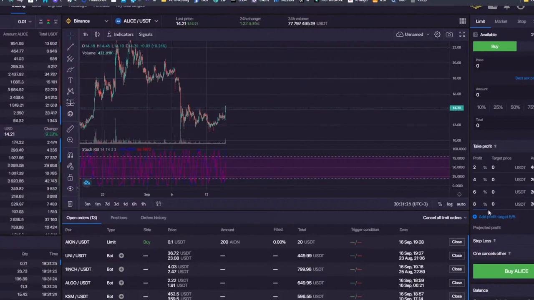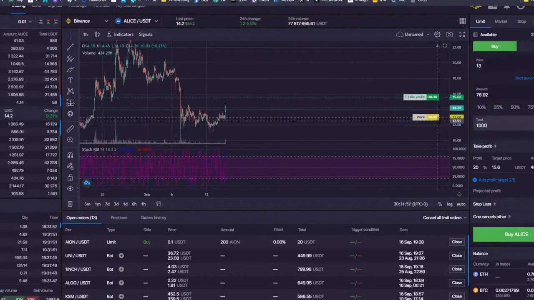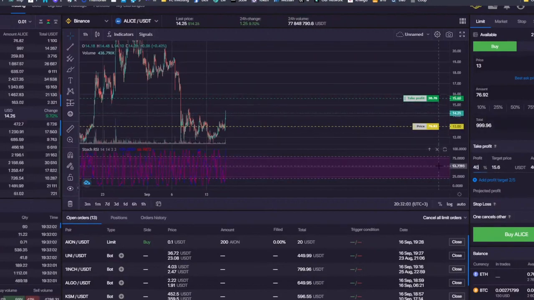Because for example, if you set just one take profit order at a target price of, let's say, 20%. Oh, sorry, 20% should be here. And let's say $1,000 at the price of $13,000. Actually, let's say 40%.